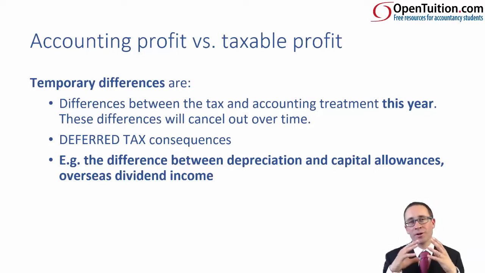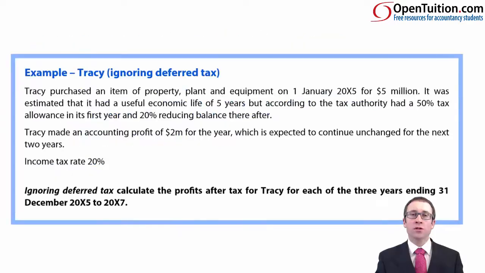So what we'll do is we'll go into the next session, which takes an example which ignores deferred tax, and hopefully will make you understand that little bit better why we use deferred tax. To help us see why deferred tax is important, and why we need to incorporate an adjustment for deferred tax in our financial statements, we're just going to look at an example that excludes deferred tax.